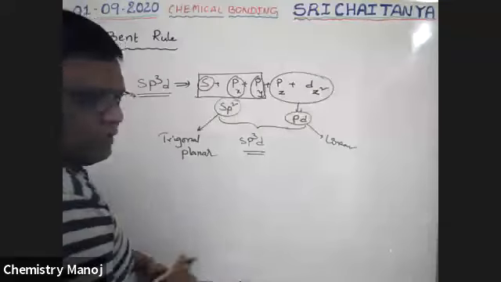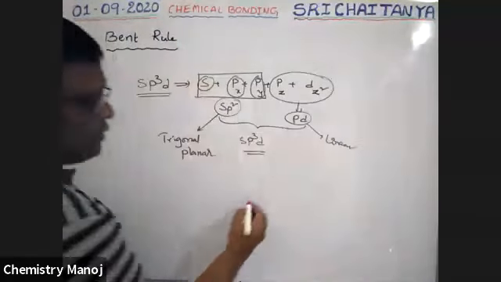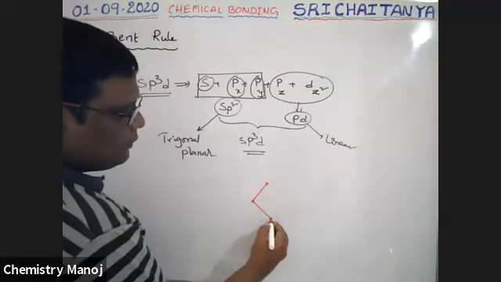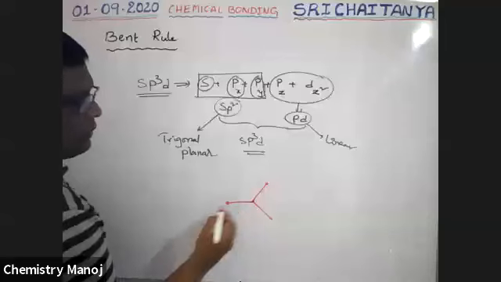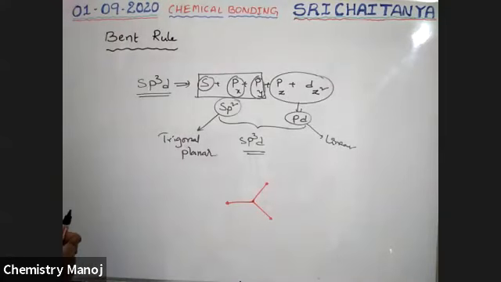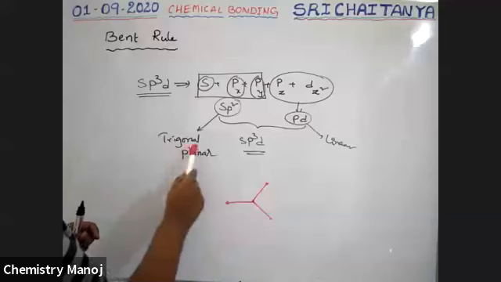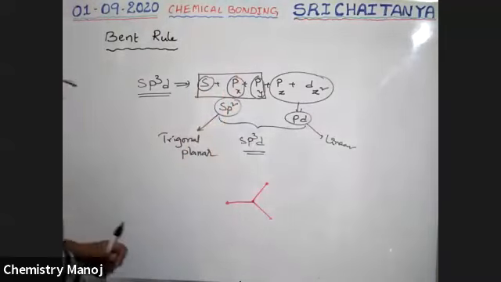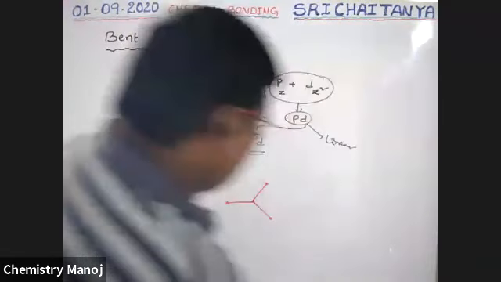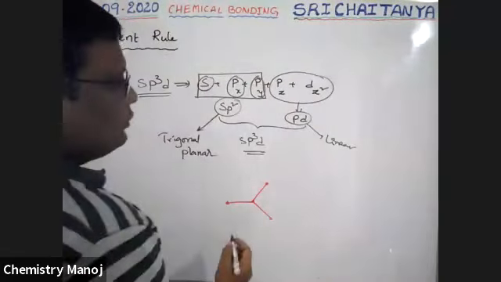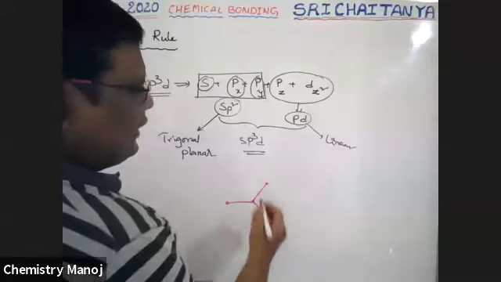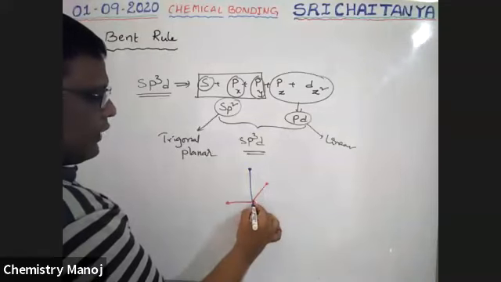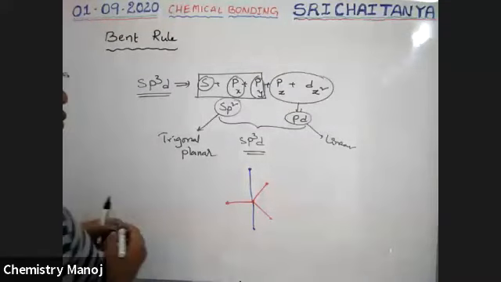That means, how is that? See here. This is a central atom, boys. These are trigonal planar shapes. So these three bonds come from the sp2 combination, the s, px, and py combination. Now the pd combination gives the linear ends, one above the plane and one below the plane.